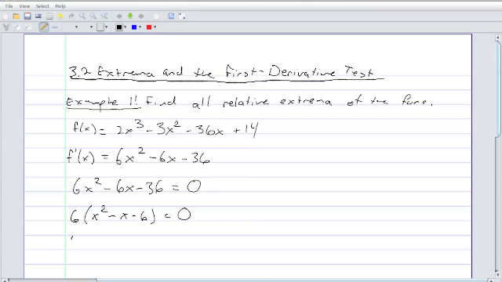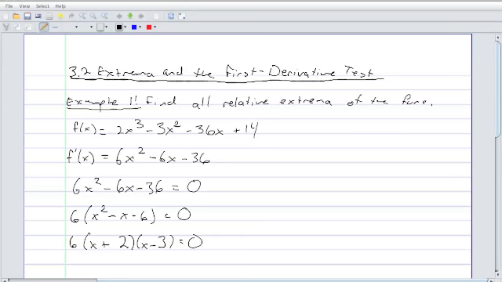So then this can be factored. Let's say we have our x and an x. This minus tells us that the two signs are different. So we need two numbers that multiply to give us negative 6 and add to give negative 1. That would be negative 3 and 2.